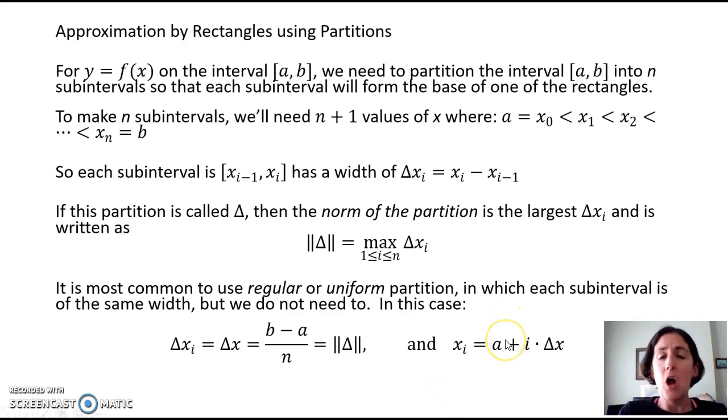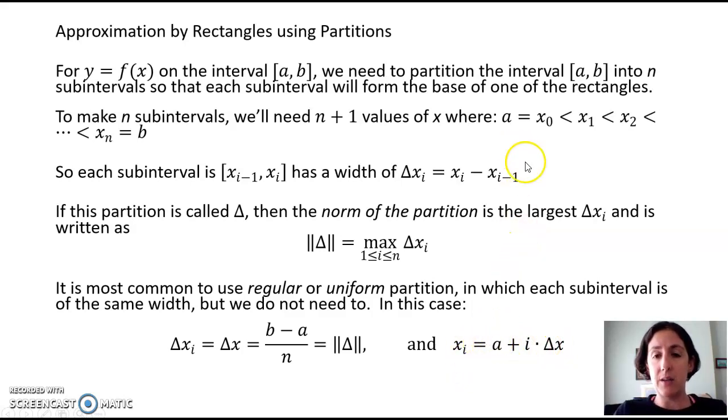And then all your x_i's you can find by a plus i times delta x. So for a, which we said was x0, i is 0, so x0 would be a plus 0 times delta x. And 0 times anything is 0. This term goes away, so x0 equals a.